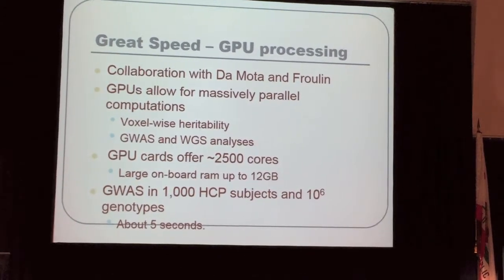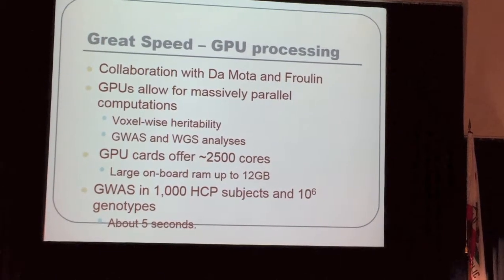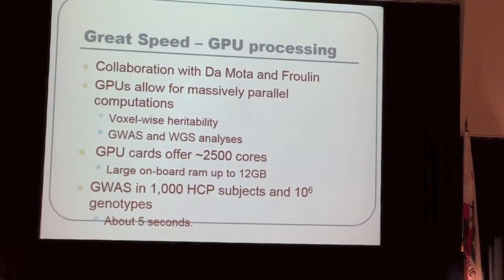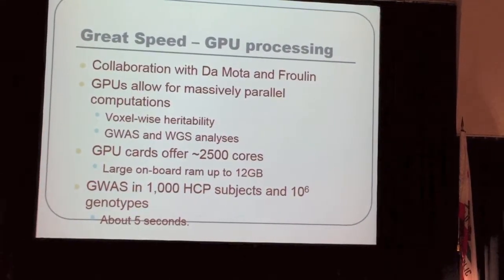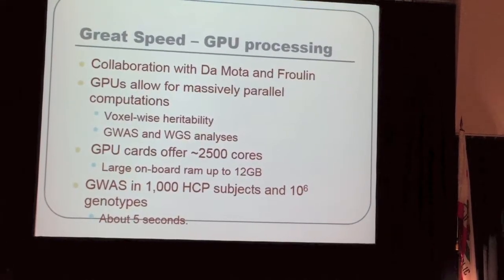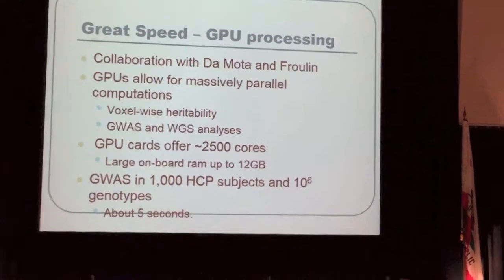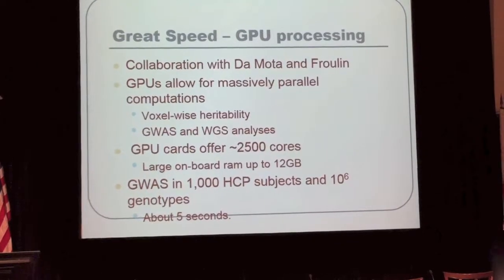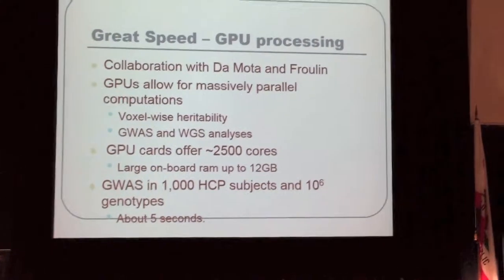For example, our recent calculations show that GWAS analysis in 1,000 Human Connectome subjects with full 1 million genotypes only takes about 5 seconds on one GPU card, and with 2 GPU cards you can cut it down to about 2.5 or so seconds, so it's really, really fast.